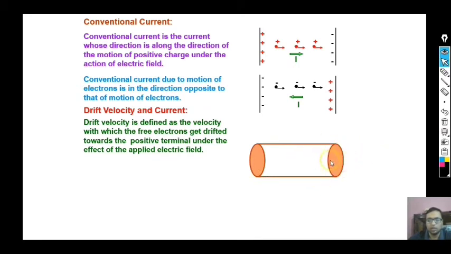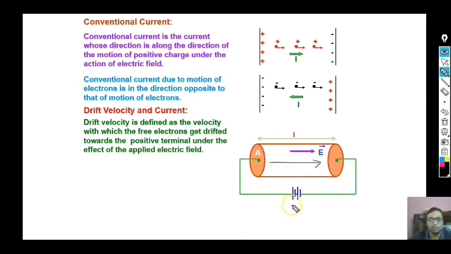Like here you can see we have a conductor and its length is L. Its cross-sectional area is capital A. Then we have this battery connected with this conductor in such a manner. If we apply this battery, that means an electric field has been set up inside this conductor, and the direction of the electric field will be along this line.